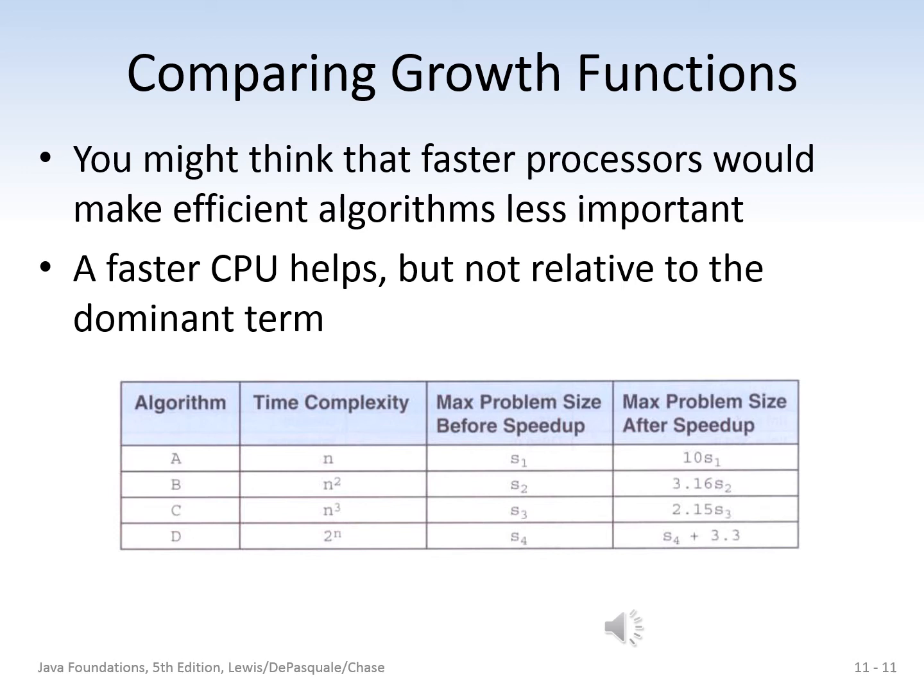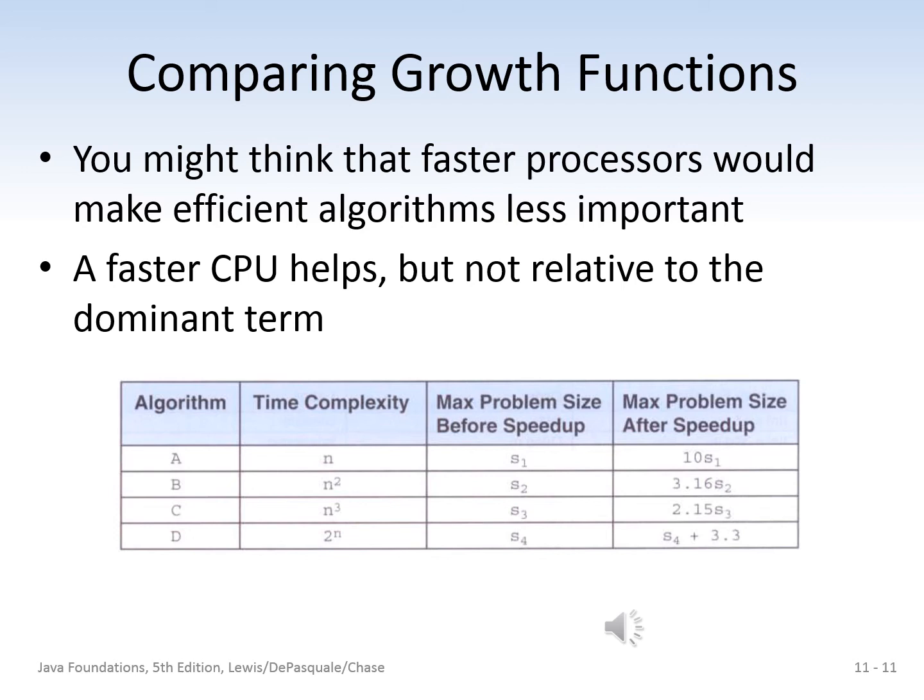Its performance is indeed improved by a factor of 10, which means that the algorithm can process 10 times as much data in the same amount of time given a 10-fold speed of the processor. However, let's take a look at algorithm B with a time complexity of n squared.